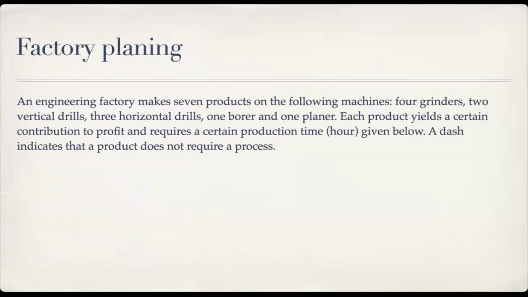So we have a factory which makes 7 products, by using different machines. How many types? One, two, three, 4, 5 types of machine.